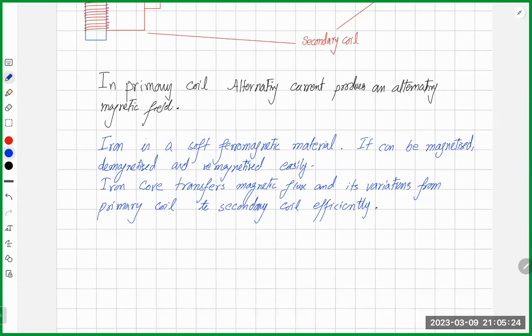So why do we use iron core? Because iron is a soft ferromagnetic material and very easily, very efficiently transfers the magnetic field and its variation from the primary coil to secondary coil, because magnetic field is varying in the primary coil.